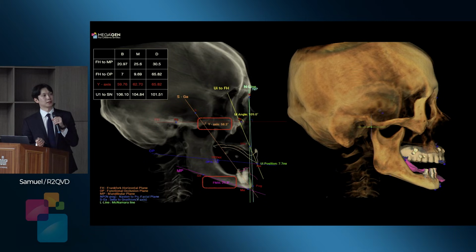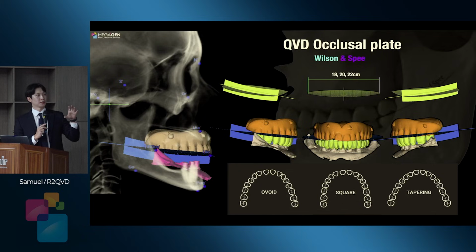Based on the hinge axis here, we have to open like this, right? We can also find the hinge axis because we can see where the condyle is. So based on this point, we can open the bite. Yes, after that we set up the VD.